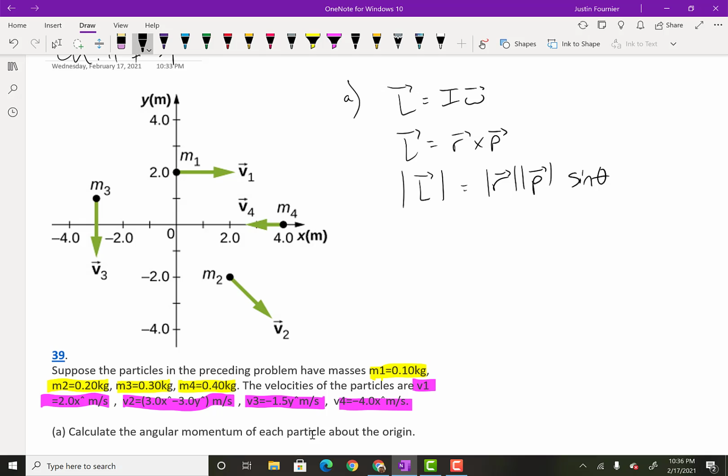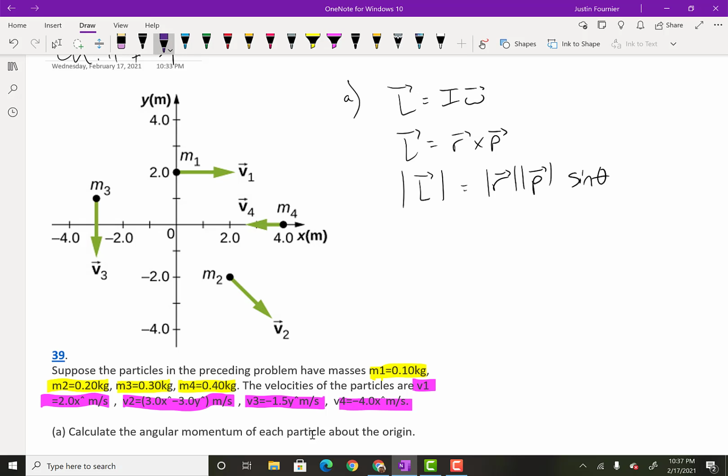And the r vector goes from your axis of rotation, or basically where you're measuring from, to where the object is that carries this particular momentum. So that's another way that you can calculate the angular momentum. I derived this in class a week ago or so. We saw the relationship between this, and that they're basically expressions of the same thing.